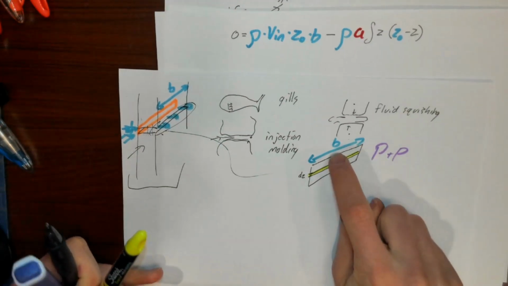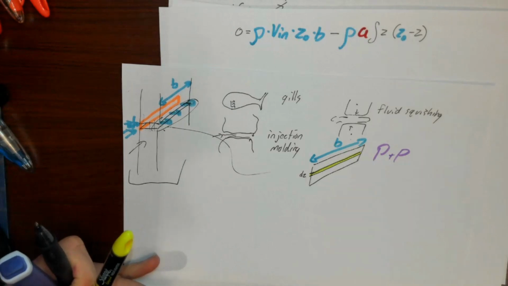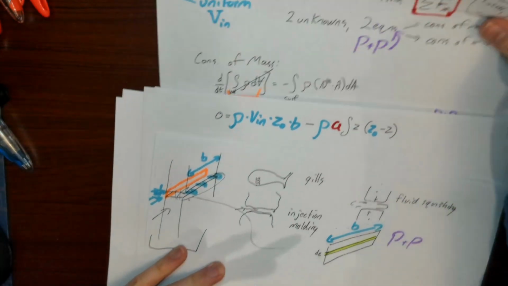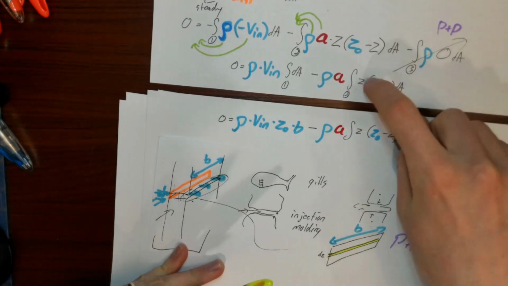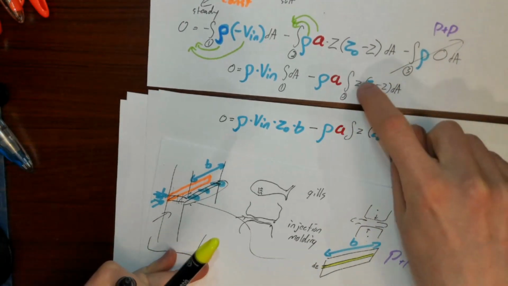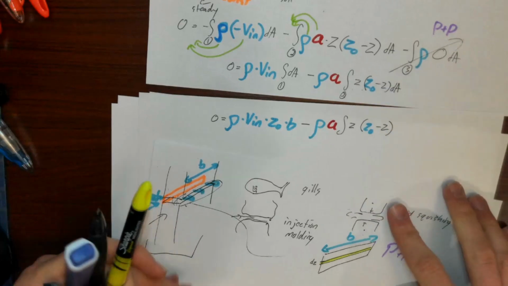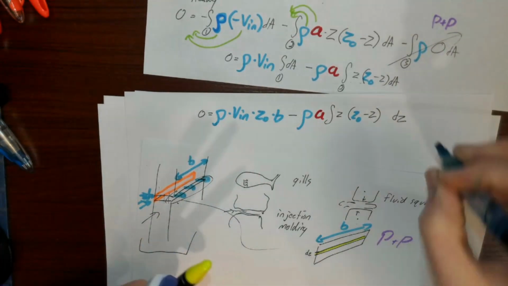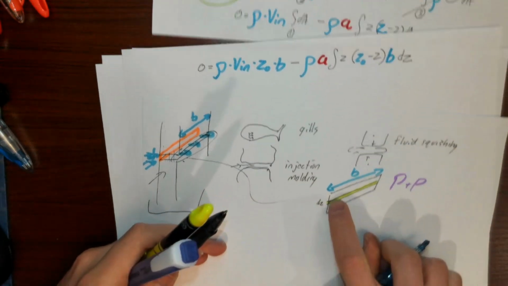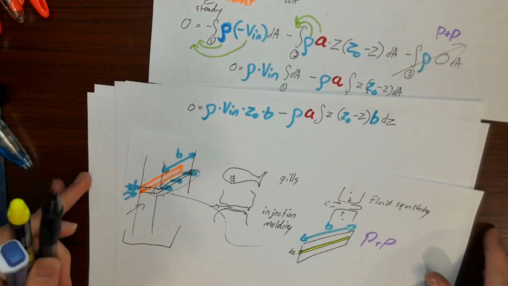When we integrate, i.e. add up all of those little slices, we'll get some output. So we have an integral over surface 2 of z times z naught minus z dA, and we're going to break up dA into dz times b, which is the area of one of these little slices.